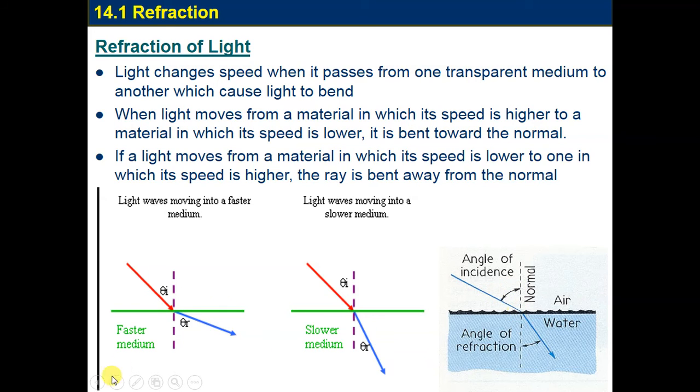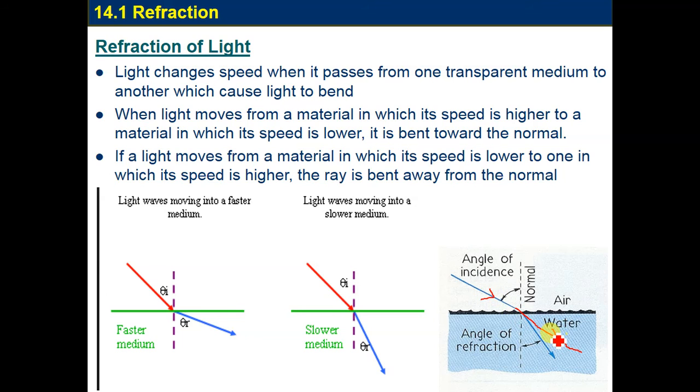Okay, so now what do you think? Will this ray, the incident, continue straight in water, in the same path as before, like nothing happens?